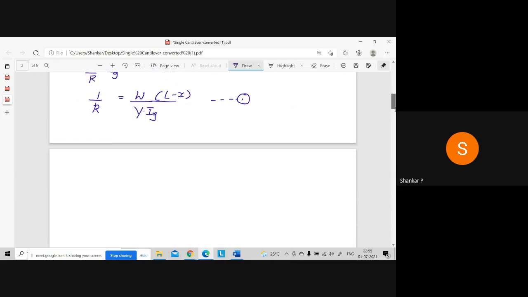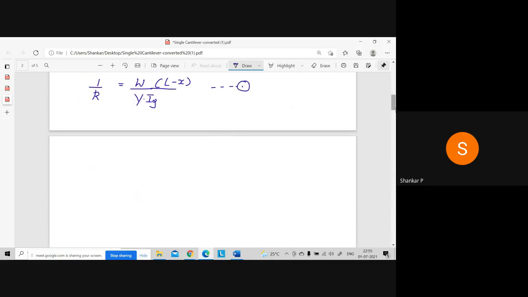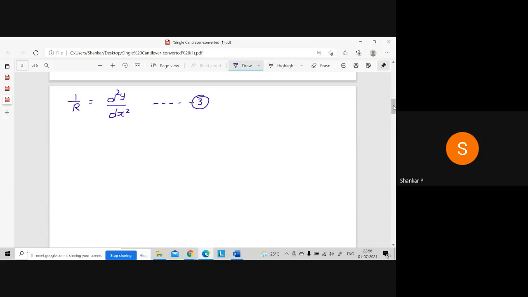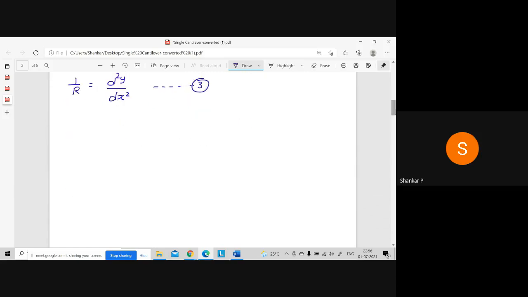It can be shown that 1 by r is equal to d square y by dx square, where dy by dx is the tangent to the curved beam drawn at any point. We call this equation number 2.